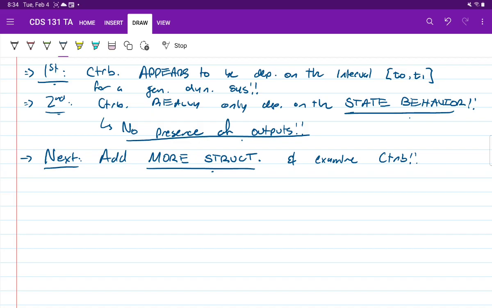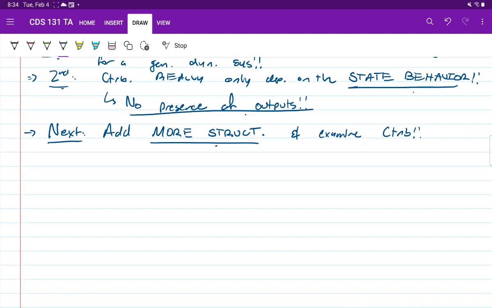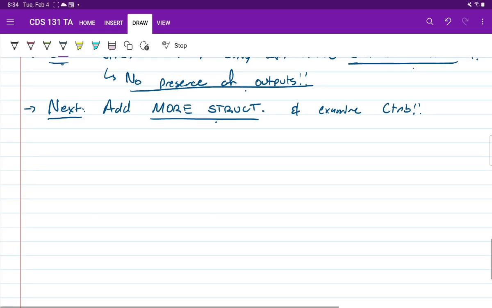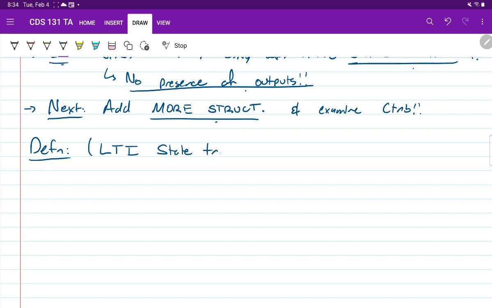But in the case of controllability, we're not really interested in this I/O behavior, right? We're only actually interested in the state behavior. So what I'm going to do now is define what it means for the actual state transition map to be linear and to be time invariant, okay? All right. So that brings me to the following definition, which is linear time invariant state transition map.